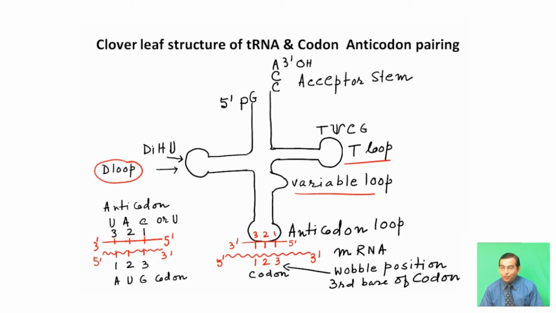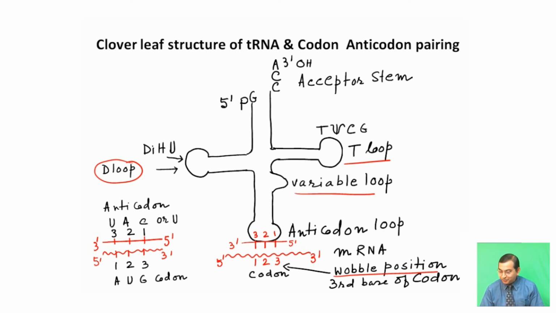In the anticodon loop, the codon will come and pairing occurs, that is, the third position of the codon, which is called the wobble position, binds with the first position of the anticodon, and the remaining 1st and 2nd positions of the codon normally follow the WC or Watson-Crick pairing.